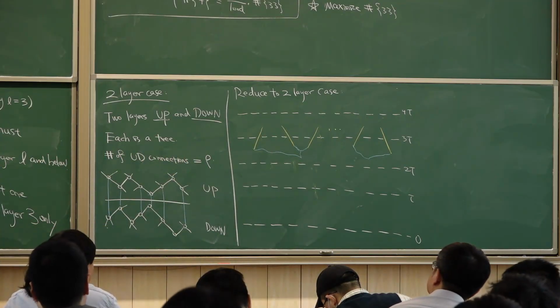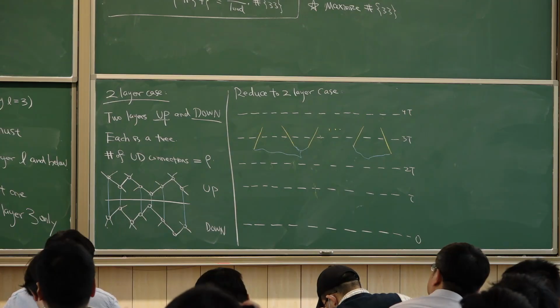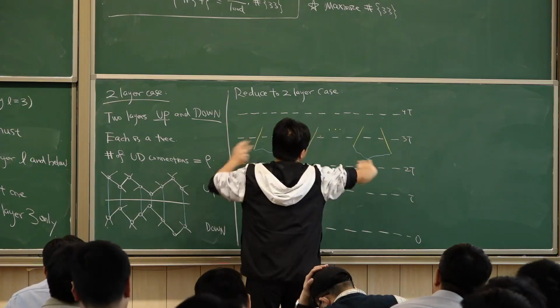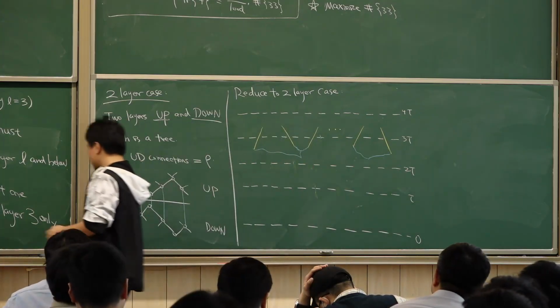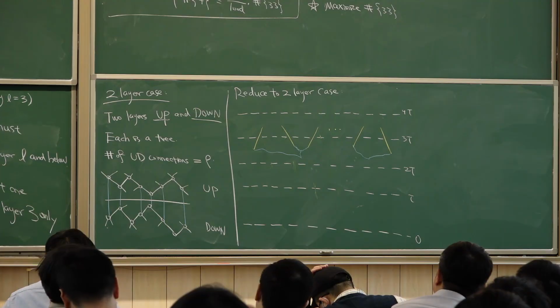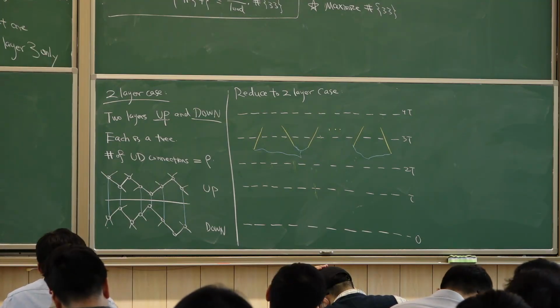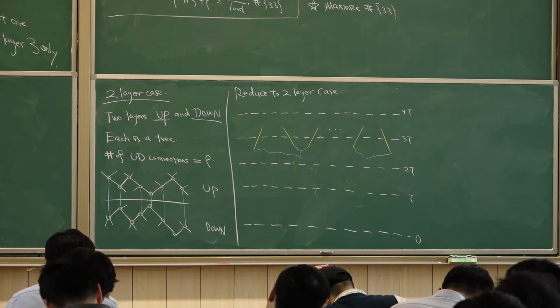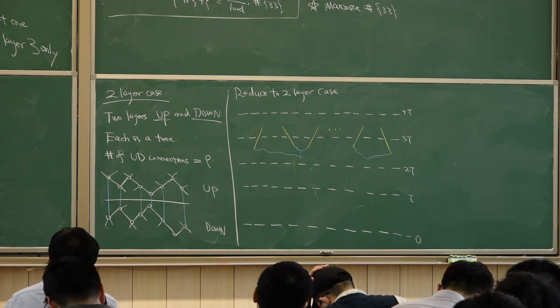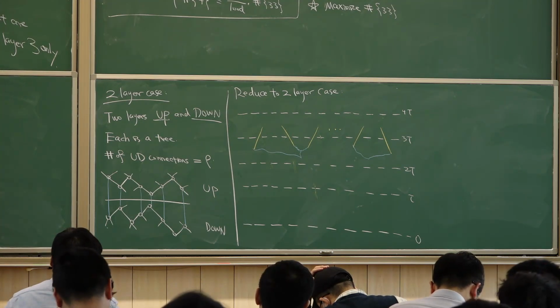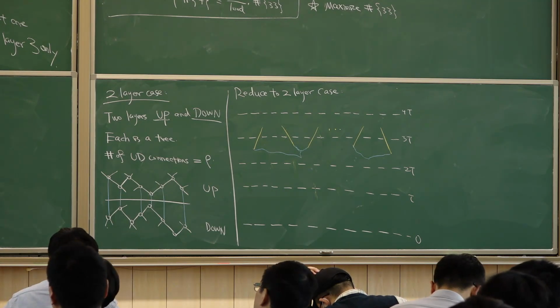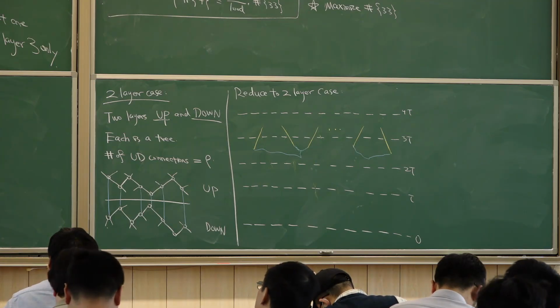The question is, is lambda 3 large enough? Is it enough for us if we just stop at layer 3 and forget about every layer below? So is lambda 3 big enough?